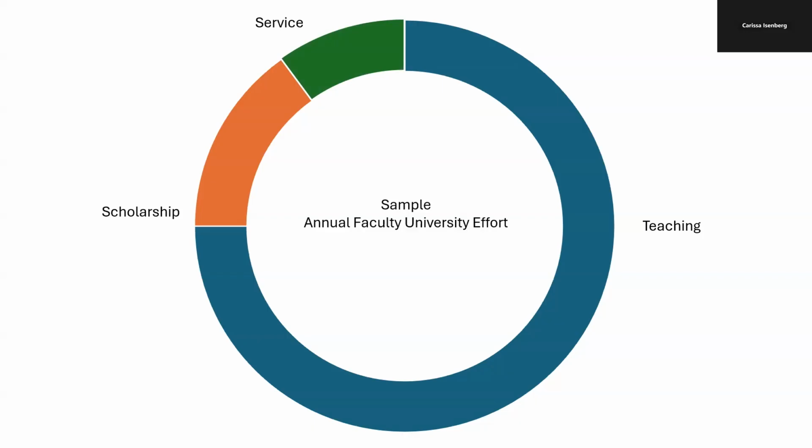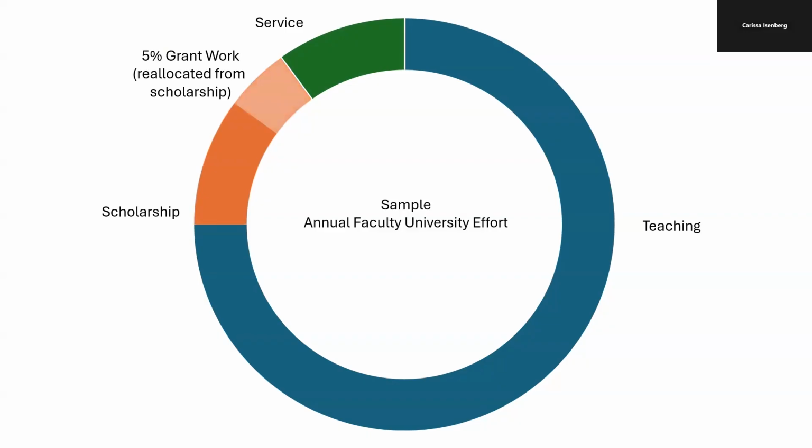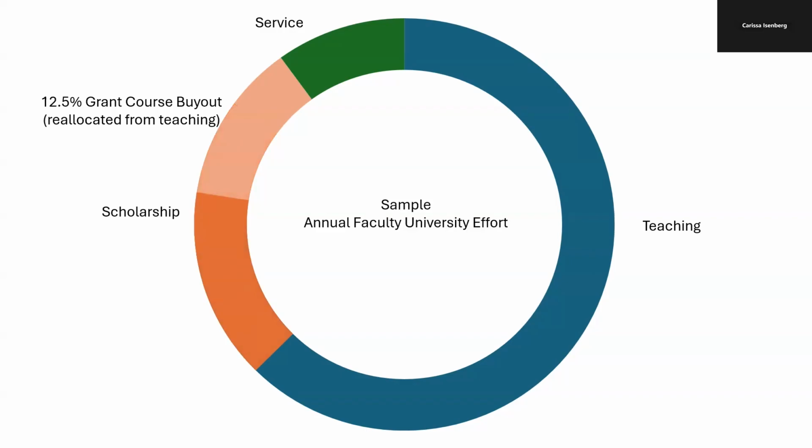This is just a general rule of thumb that depends on scholarship and service and how that is split. In order to do grant work, it has to be reallocated from somewhere. So this is an example where 5% is taken from scholarship. And here's an example where there is a course buyout, which is 12.5%, which has been reallocated from teaching.